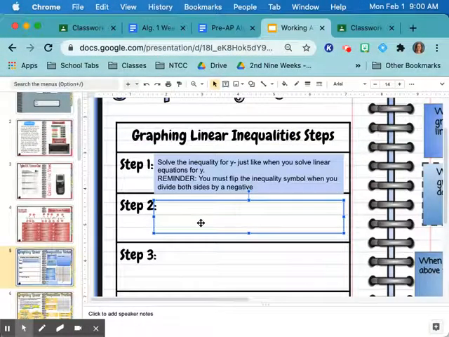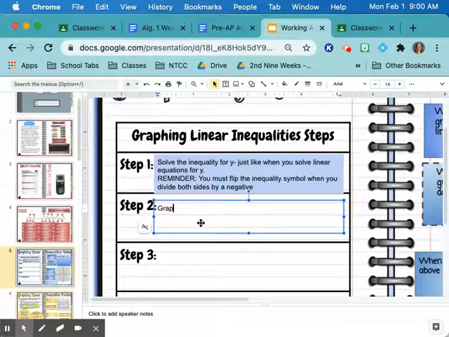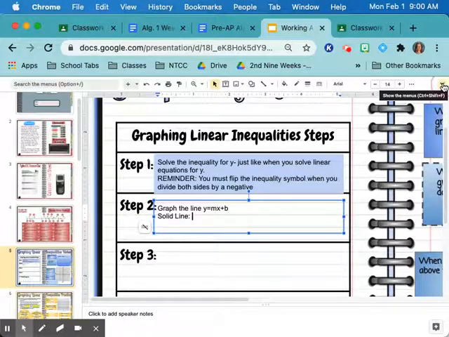All right, step 2 is to graph the line y equals mx plus b. But it's going to be a solid line for the symbols less than or equal to and greater than or equal to.